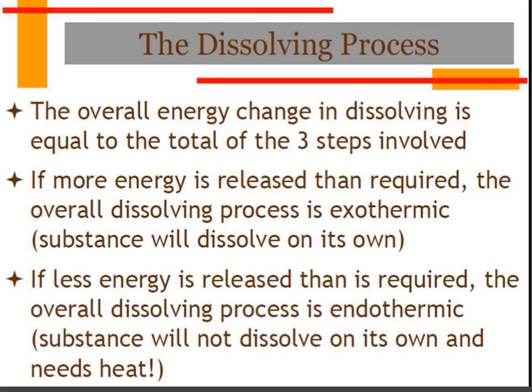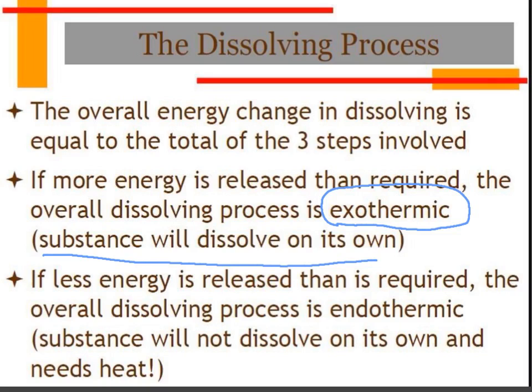In the dissolving process, the overall energy change in dissolving is equal to the total of three different steps involved. If more energy is released than required, the overall dissolving process is what we call an exothermic process, wherein the substance will dissolve on its own by releasing an amount of energy.